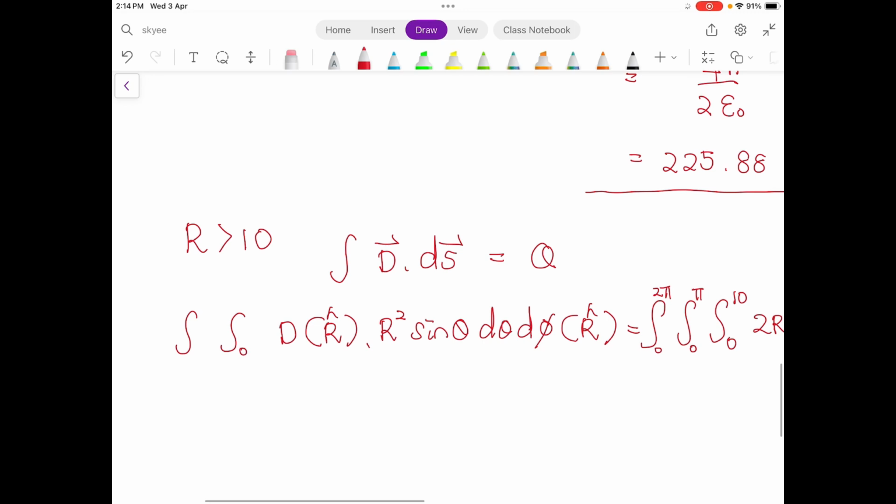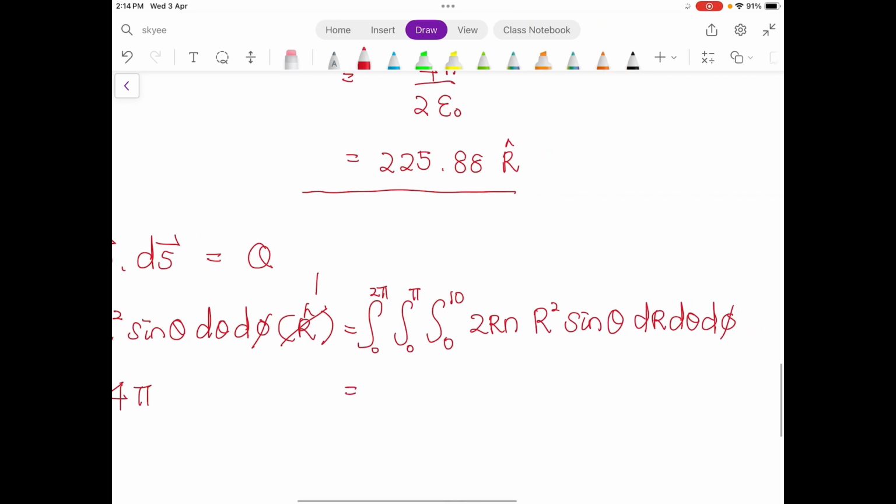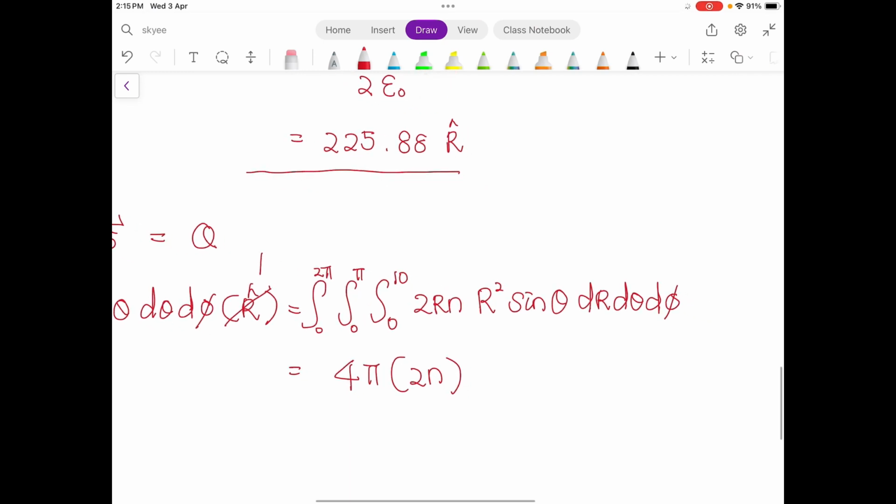This one is from 0 to pi, 0 to 2 pi. Here you will have D R squared 4 pi, just like usual. On the other hand, you will have 4 pi, and 2 nano there, and this r cube you integrate from 0 to 10, r cube dr.